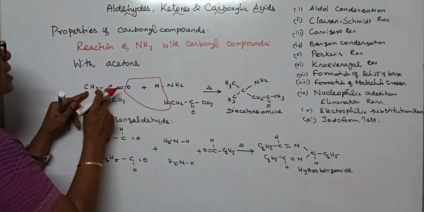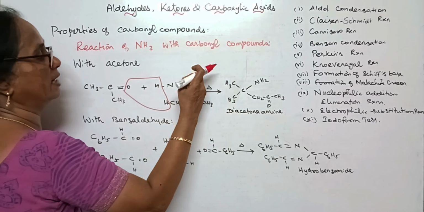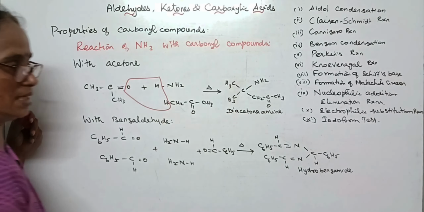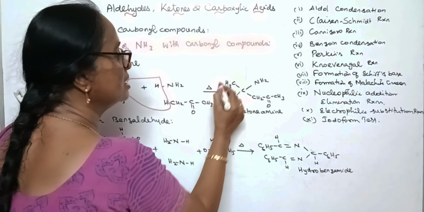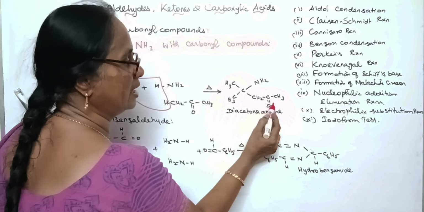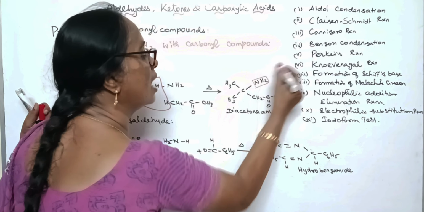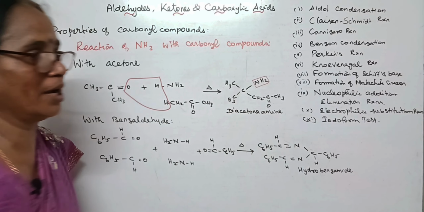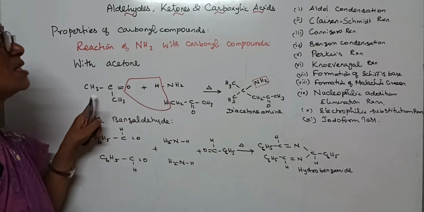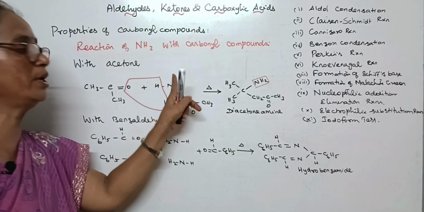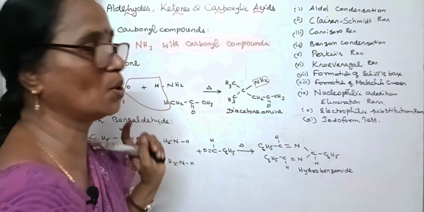So here the doubly bonded carbon gets linked to an NH2 group and a CH2COCH3 group. This is one acetone, this is another acetone. So the name of the compound is diacetone amine. With 2 molecules of acetone condensing with 1 molecule of ammonia, we get diacetone amine.